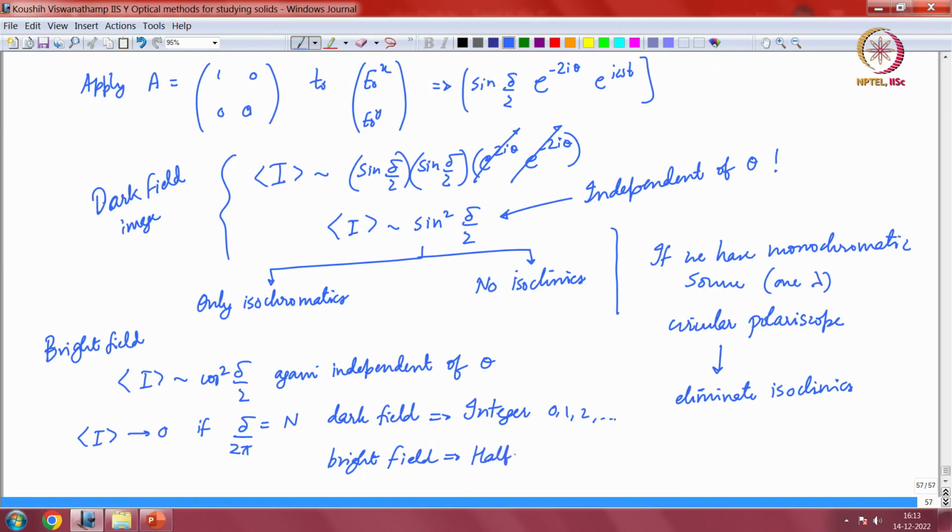So, the nature of these isochromatics does not really change.